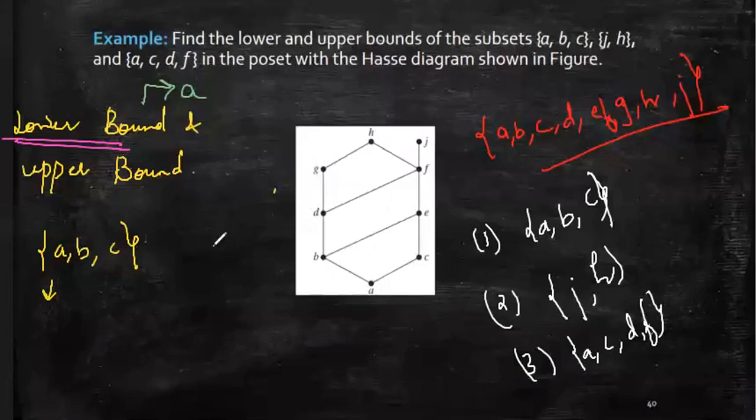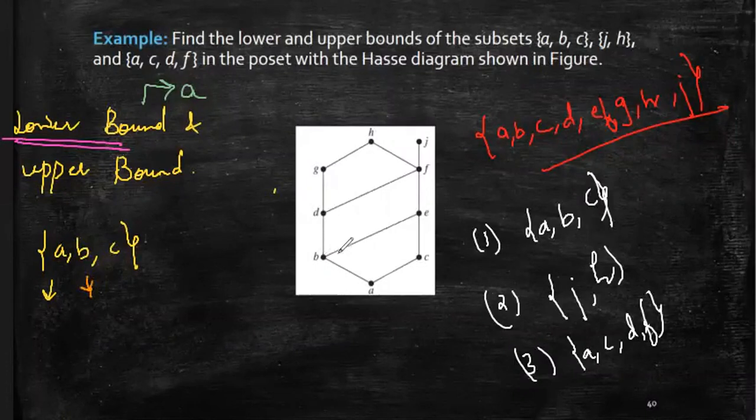Now what about B? For the element B, what are the elements greater than or equal to B?